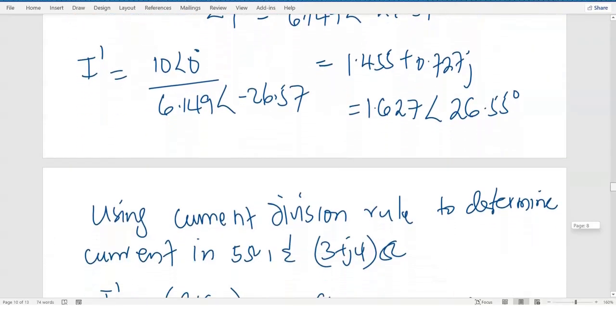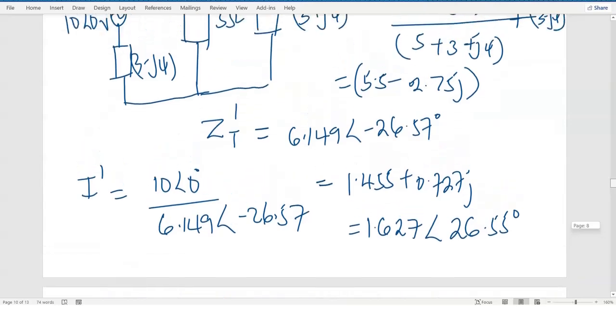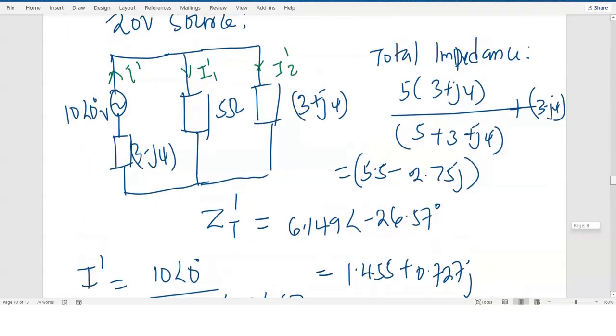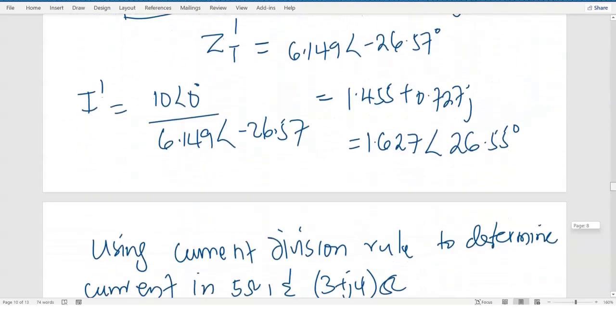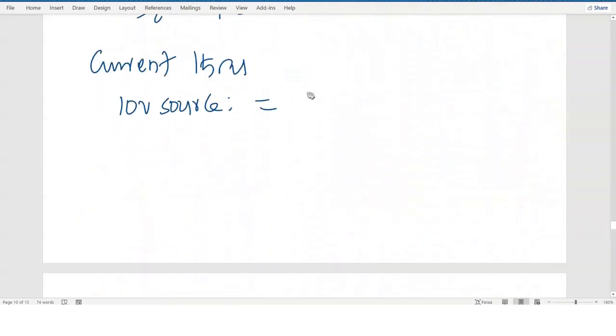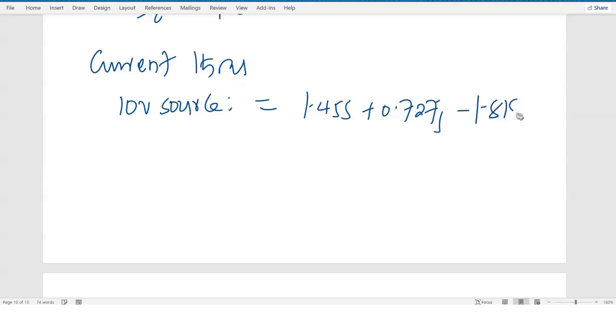Now remember what is passing through is I2 double prime. So I'm going to get 1.455 plus 0.727j, and remember what has been calculated is 1.818.